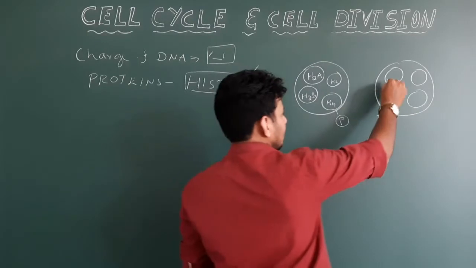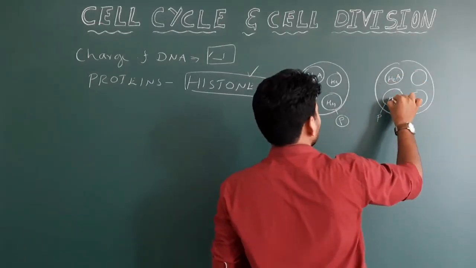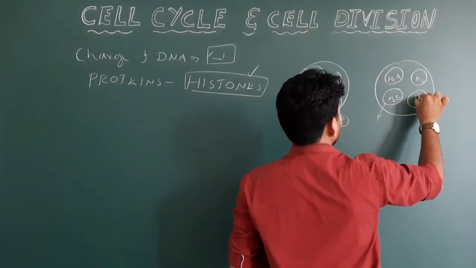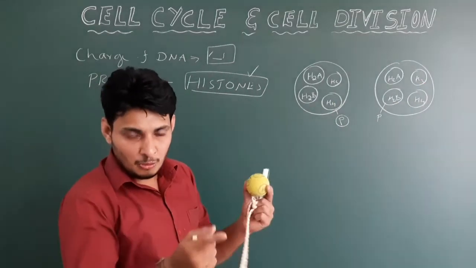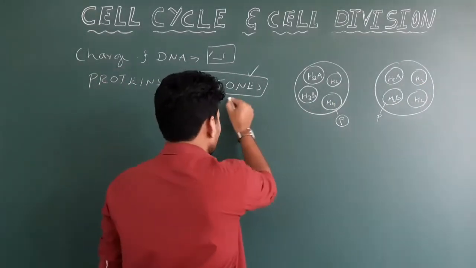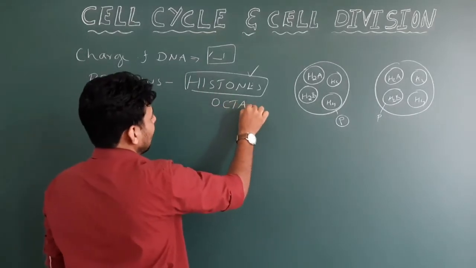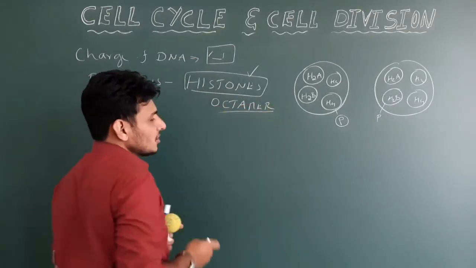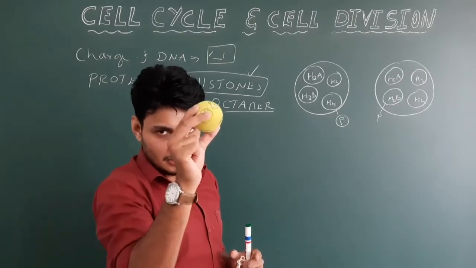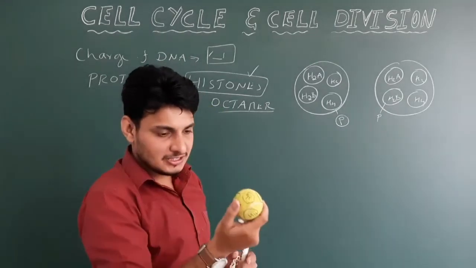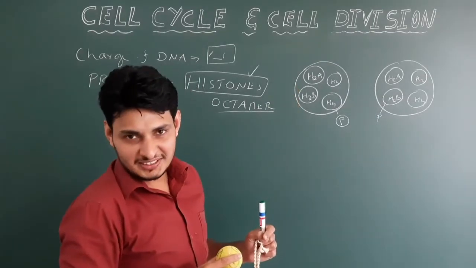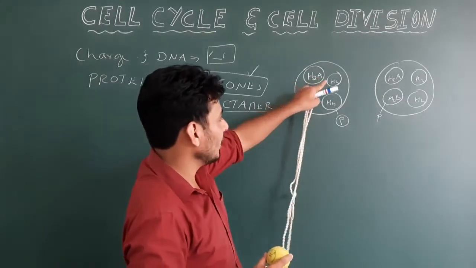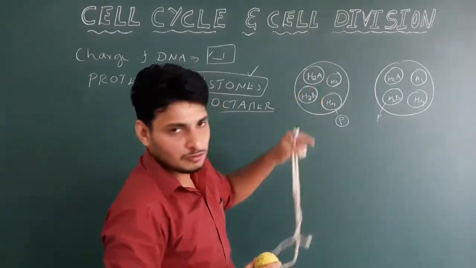And here let me write the same: H2A, H2B, H3, H4. These tiny histones, how many are there? 8 are there. So we call it histone octamer. So finally it makes a big ball, which is called histone octamer. Got it? Understood? So this ball is now a histone octamer containing 8 tiny histone proteins. What are they? H2A, H2B, H3, H4.